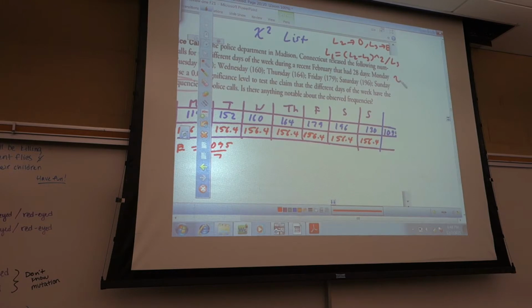Then your chi-squared is going to equal the sum of L1. You have to add them all up.